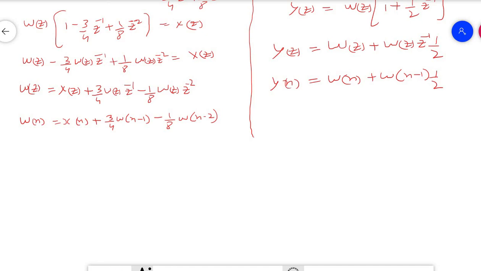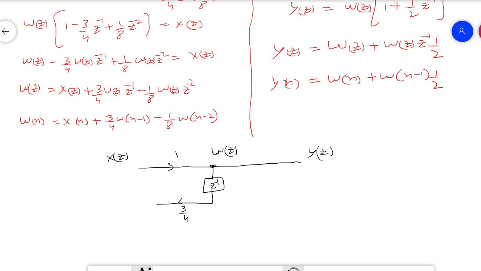Now, how to realize this? This is my input, and in between are W(z) and Y(z). So this W(z) is equal to X(z). Now it is 1, 3 by 4 W(z) z minus 1. It means W(z) z minus 1 here. That is the 3 by 4 feedback part that is added with X(z).